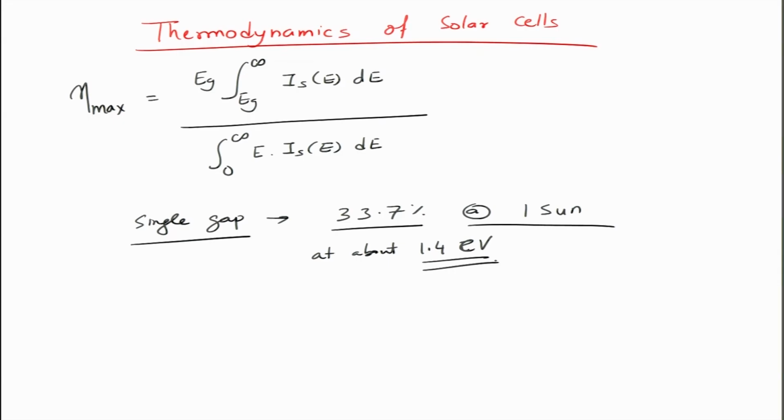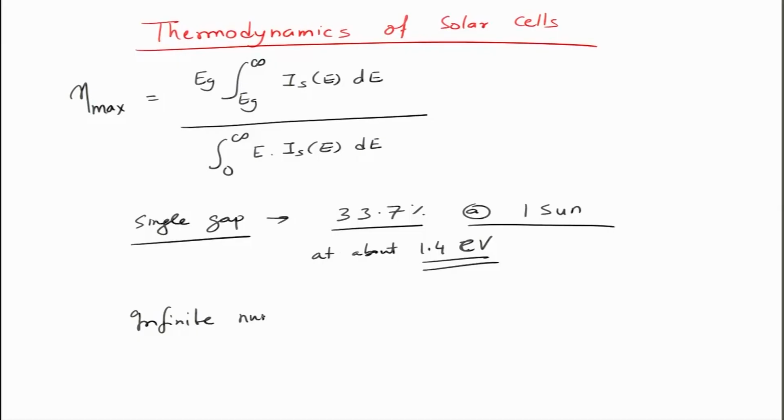This is however, if you have an infinite number of gaps, which means you are able to use an infinite number of materials with infinite number of gaps, which means you are able to absorb every wavelength that comes across, because a single gap is going to have a limit. It is not going to be able to absorb anything below the band gap. So, there is going to be a cutoff wavelength.